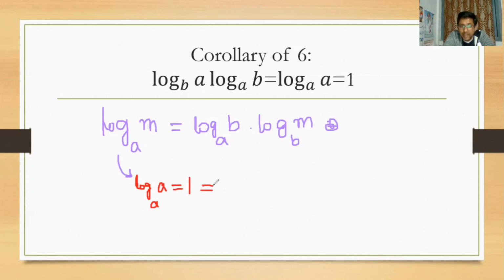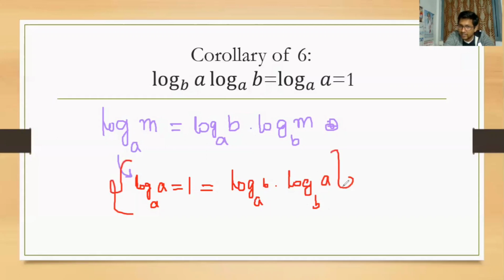So that means log of a to b is equal to 1 by log of a by b. You can clearly see this. They are exactly opposite of each other, so obviously they cancel each other, and so I get this. I think all of you are clear.